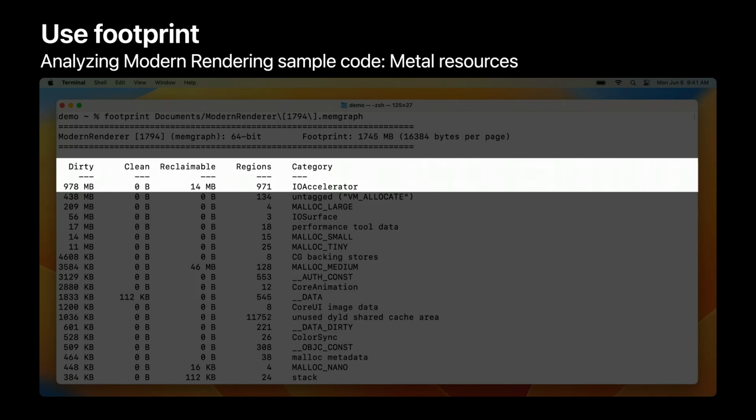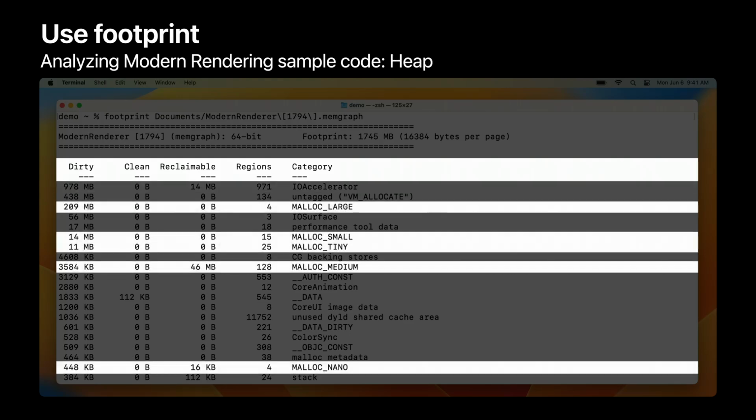As Seth said, it includes Metal resources. Here, heap allocations go to several malloc-prefixed categories. Since the system groups heap allocations to size pools to improve performance, these objects may come from many places, such as third-party plugins or libraries, where your game does sound effects or physics simulation.